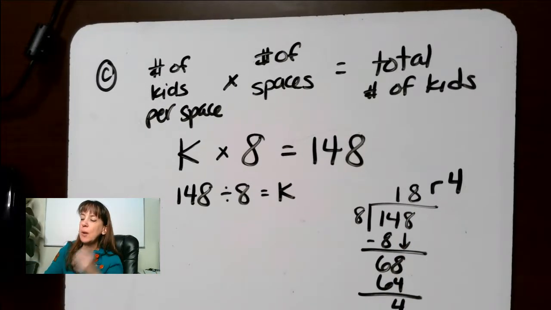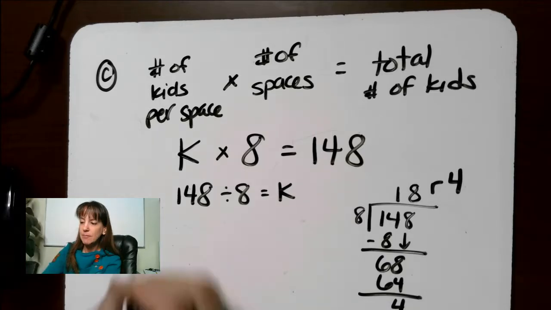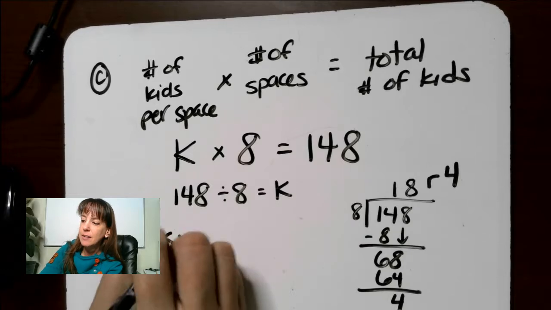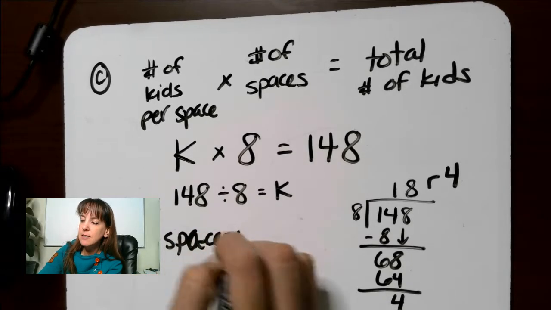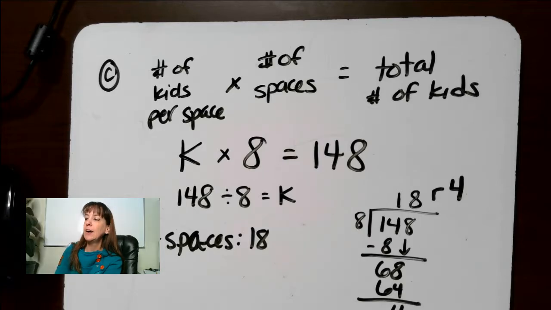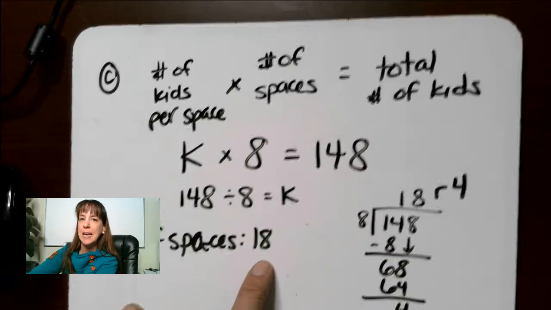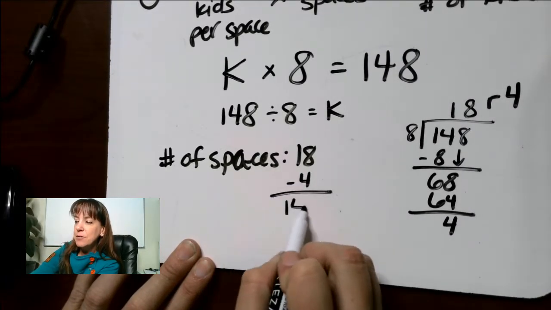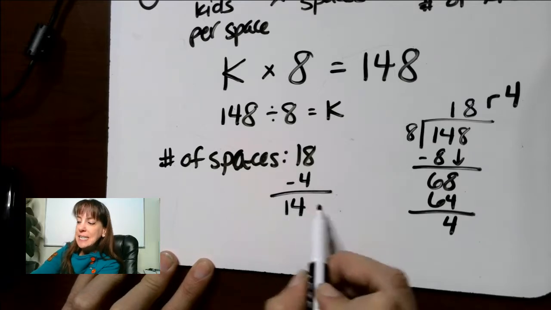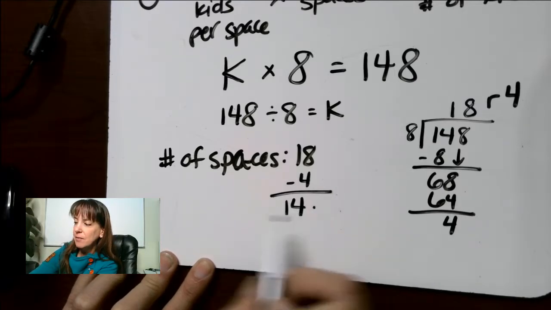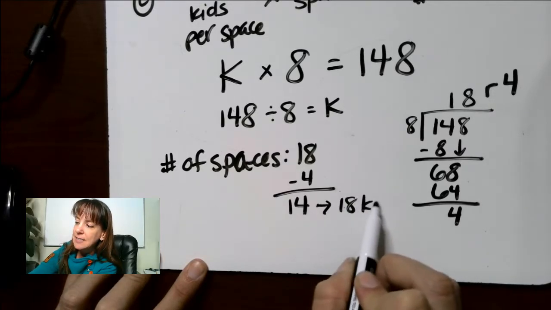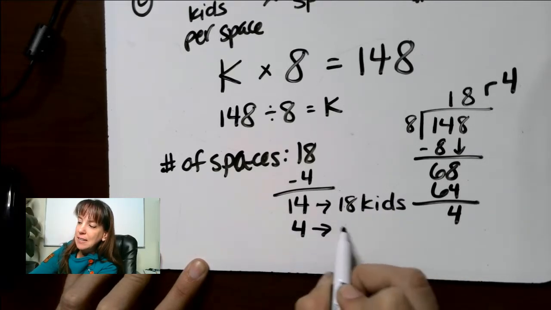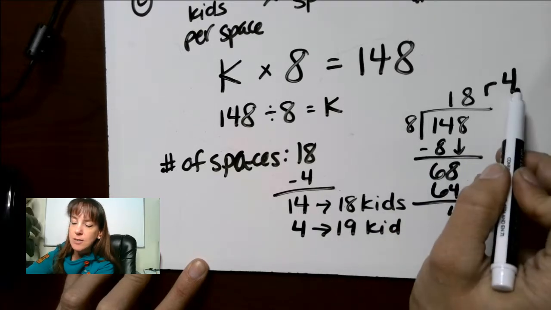That means they fit into 18 per space, but there were 4 of them that had to be distributed throughout those spaces. So 8 minus 4 is going to give us 4 spaces, and 4 of those spaces held 19 kids because those had to be distributed out, right?